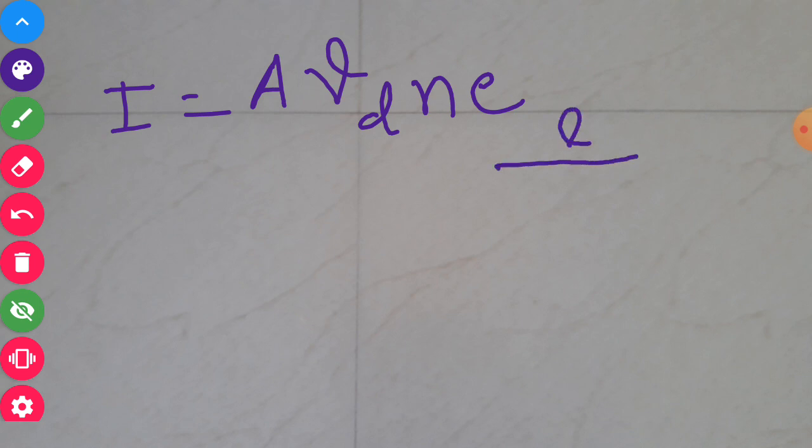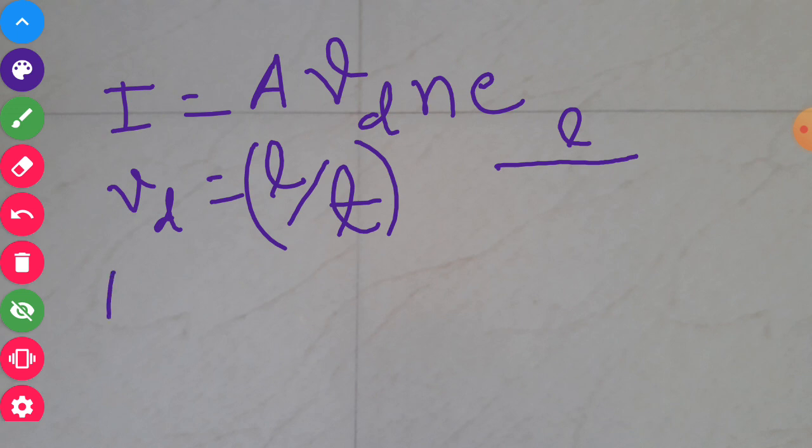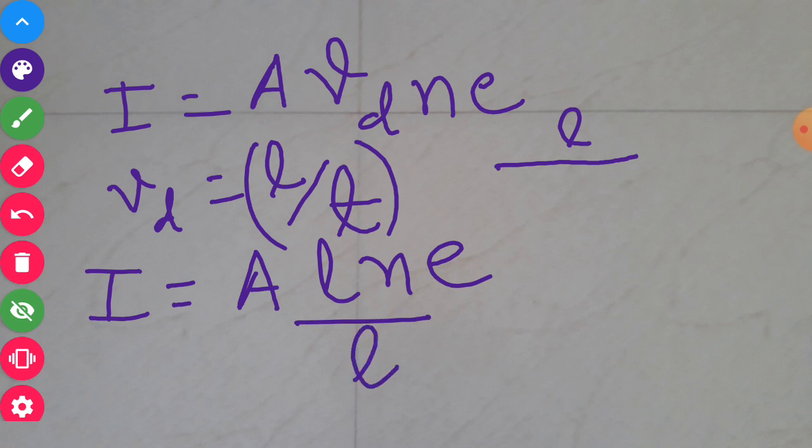Drift velocity is the distance traveled upon the time taken. So now you can replace this Vd by L upon T. So I will be equal to A L N E upon T.